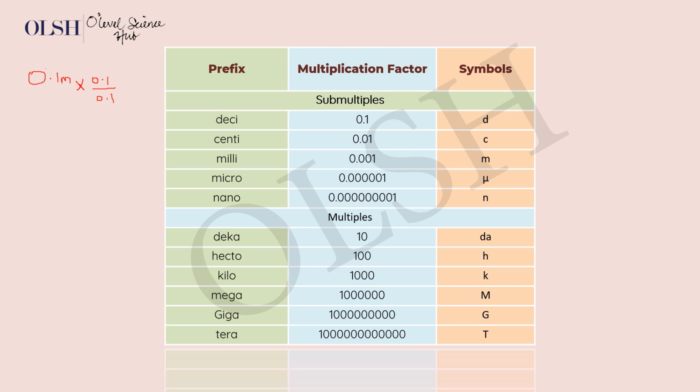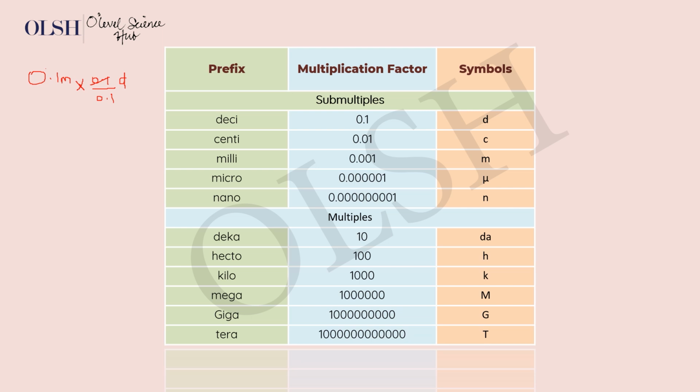If we take out the top 0.1 and replace it with the d for deci, of course you know deci is 0.1, so this is the same thing. So we'll be left with 0.1. What we do now is take this remaining 0.1 and use it to alter the other number here, the 0.1 on the right side.